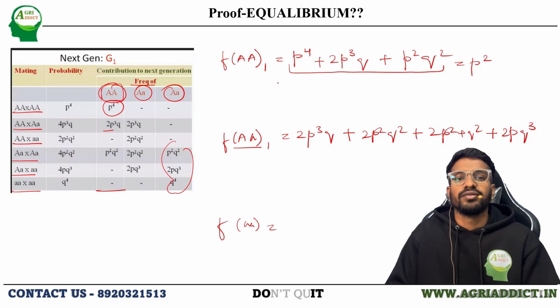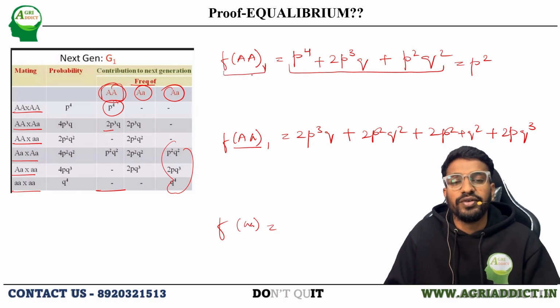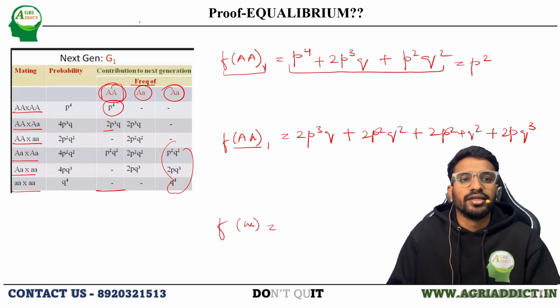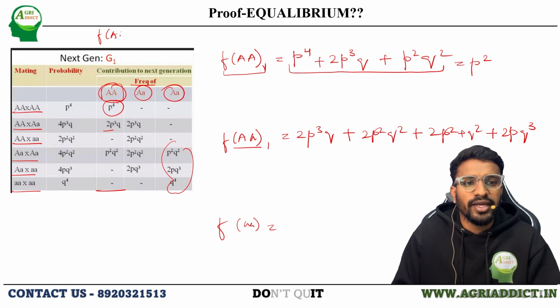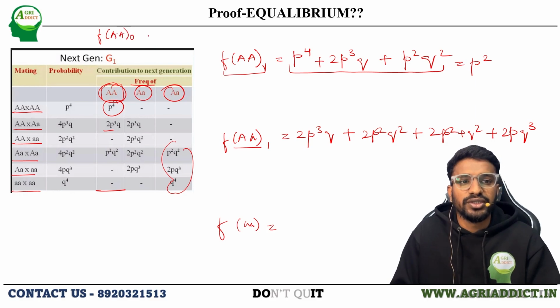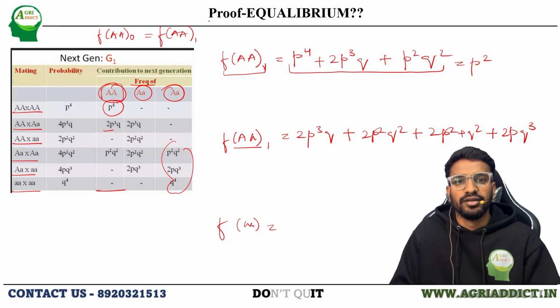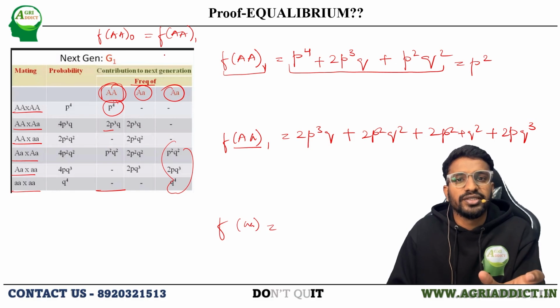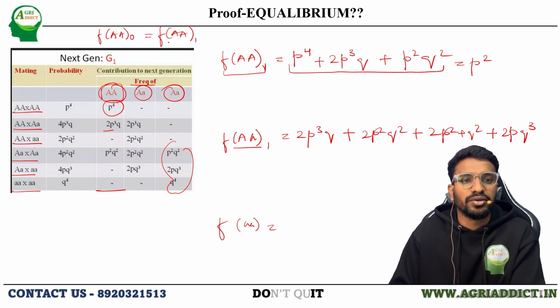If we get that, it means the frequency of capital A capital A in the G0 generation will be equal to its frequency in the G1 generation. This is what equilibrium means: the genotypic frequency remains constant from generation to generation. It is not changing.